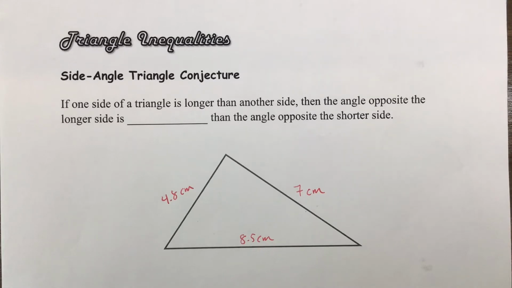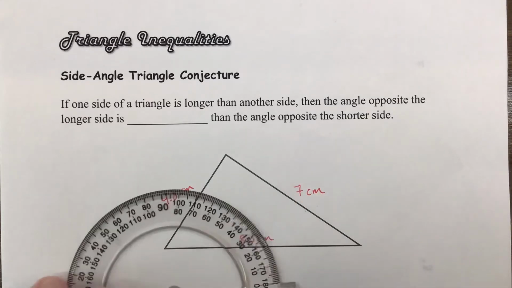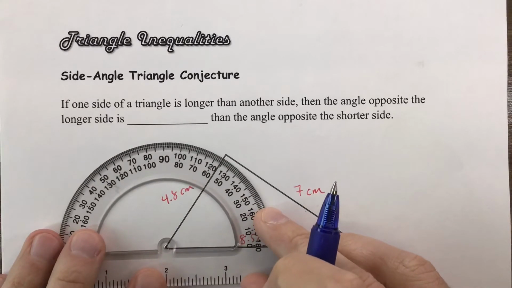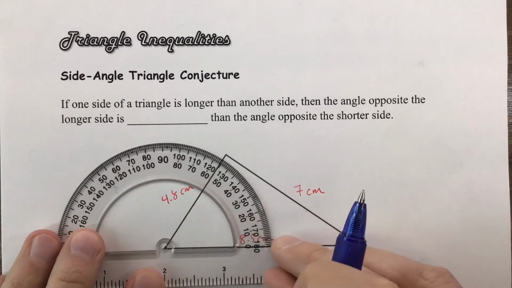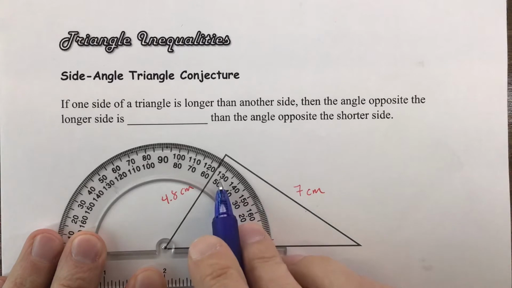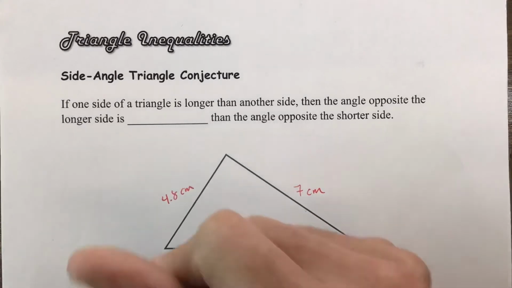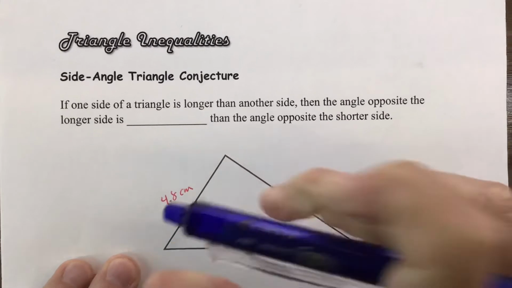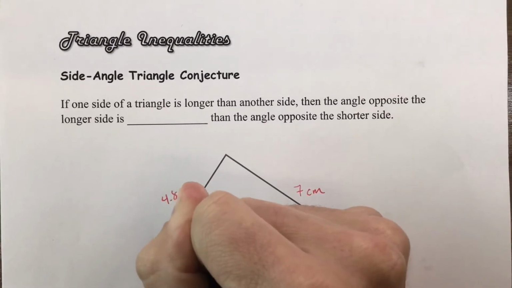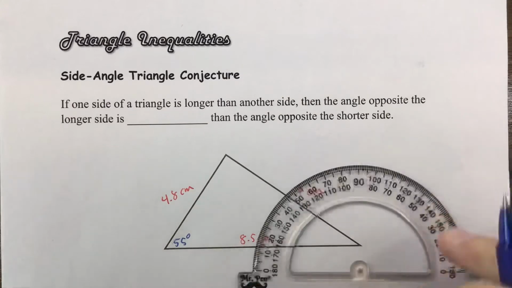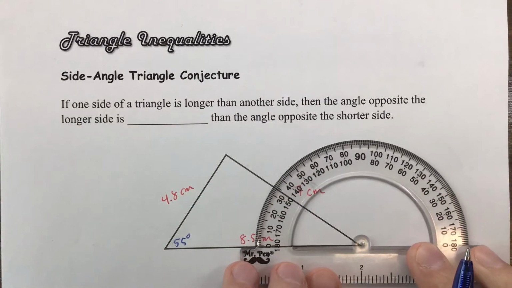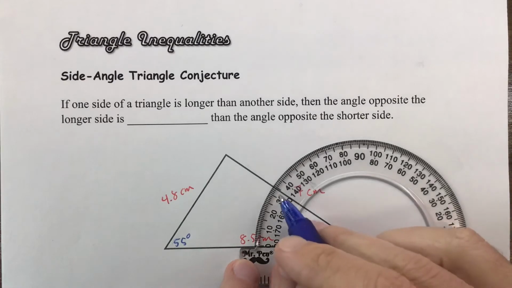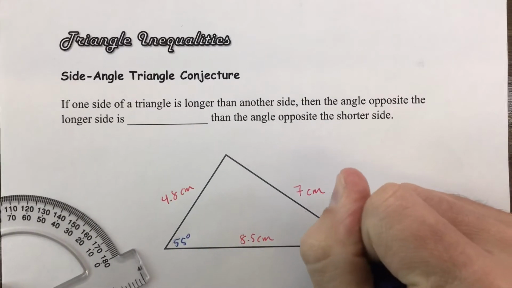All right, now the angle measurements, let's take a look at these. For these I might need to round them a little bit. That looks like it's about 55 degrees. We'll go with that. Of course, all the angles are supposed to add up to 180, so if I get really close, we'll work with it. All right, we'll go ahead and call that one 35 degrees.